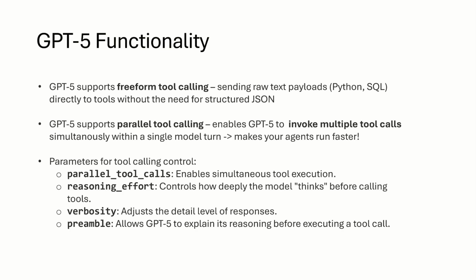Yeah. So reasoning effort has 4 values. There's one new value for GPT-5 called minimal, which is the lowest possible level of reasoning. And then we have low, medium, and high, which are the same values as previous models. Essentially, this parameter controls how deeply the model is going to think before calling various tools or answering the prompt from the user.